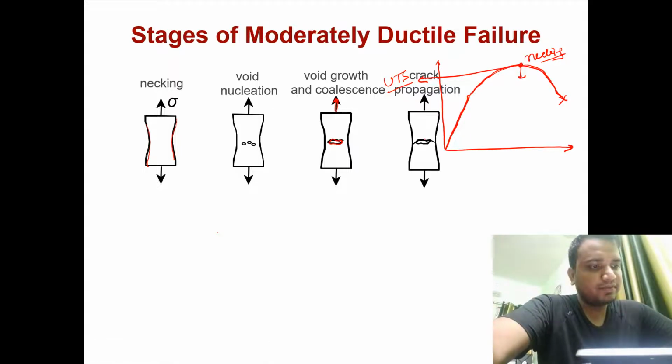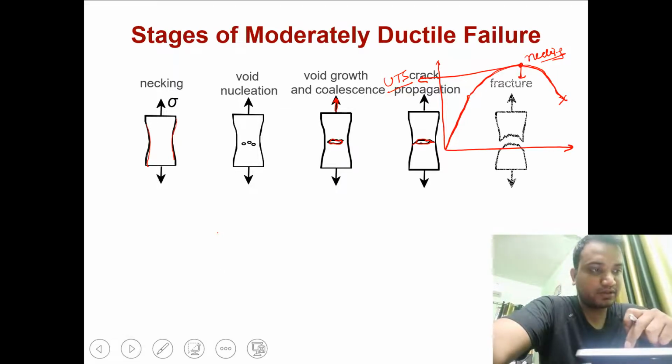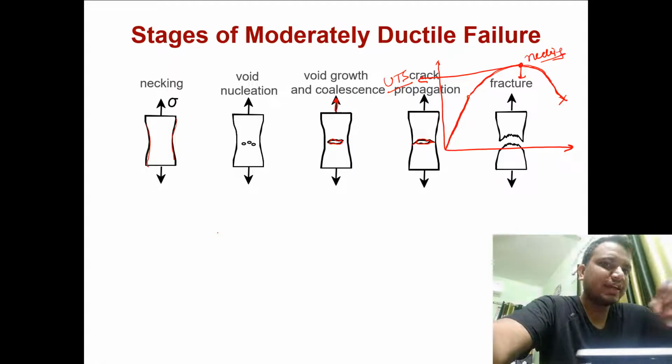This is the area which is open and it is not taking your force. So just after that the crack is formed, it propagates, and it leads to the failure. That's why when we see a ductile fracture, we see a cup and cone.